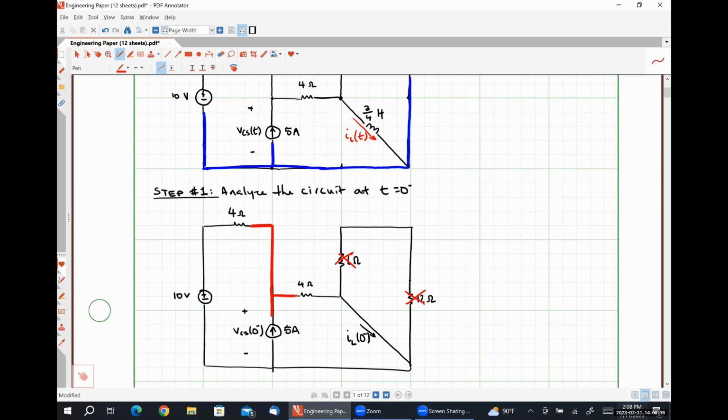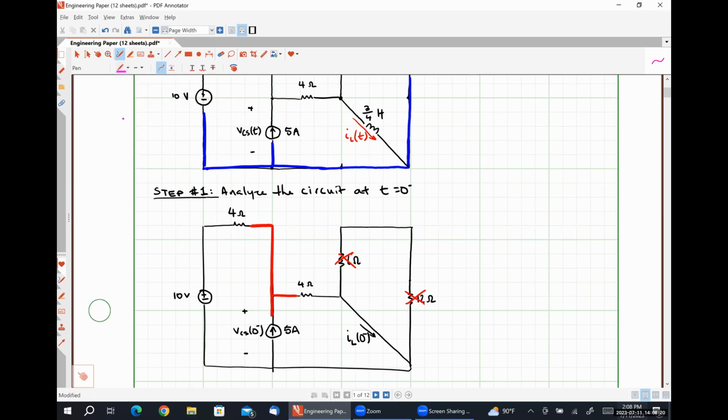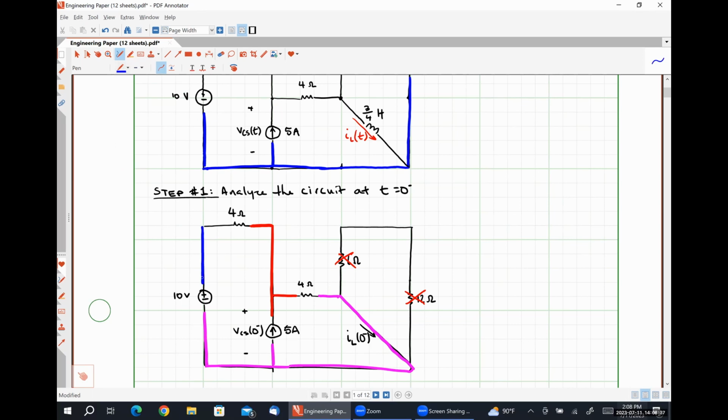So that's one node. This is another node. And this is my last node here.